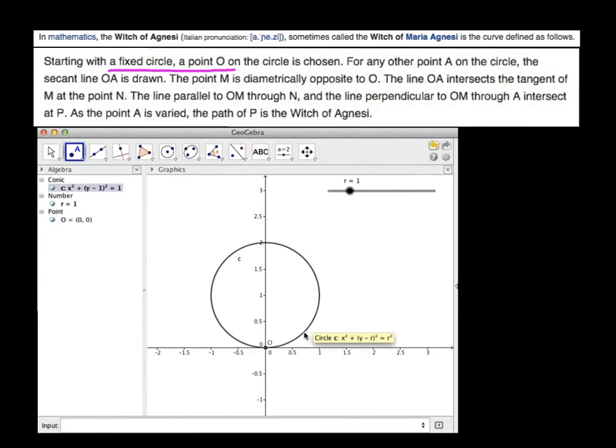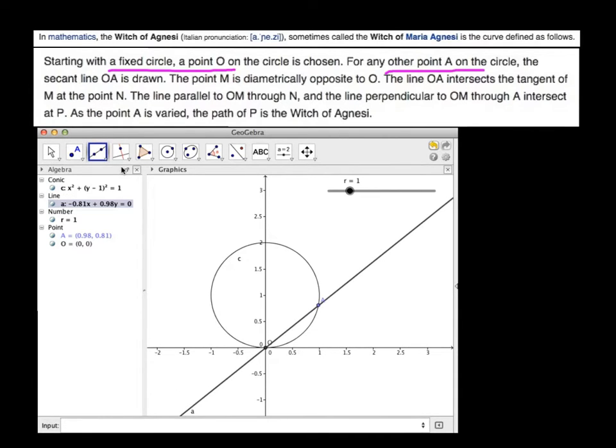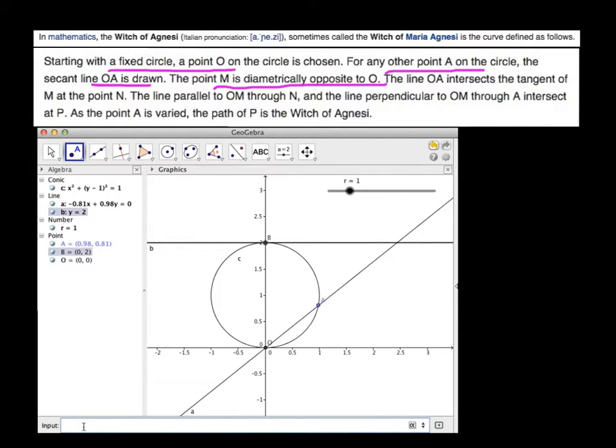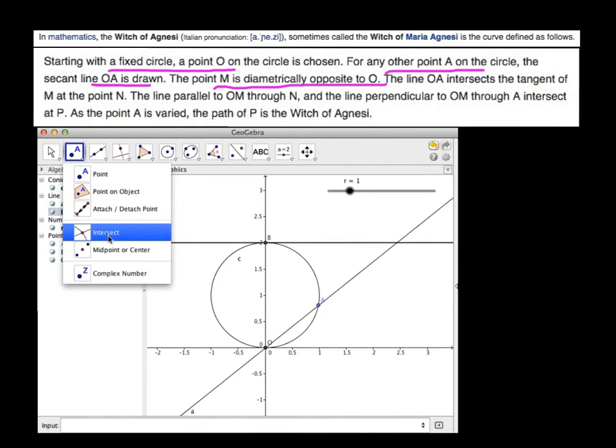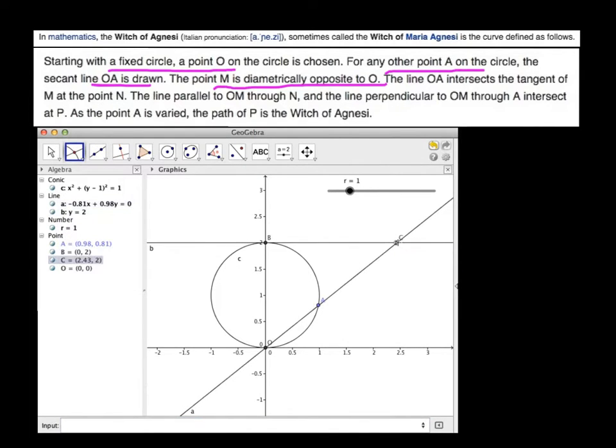And we'll continue the construction by choosing another point A on the circle and drawing the segment OA, the line from O to A. Then we'll choose M, the point diametrically opposite to O. It is called B for now, we'll change it later. And the line OA intersects the tangent from B to the circle.